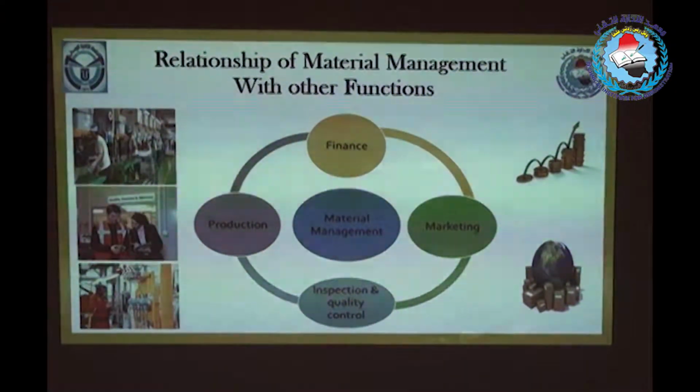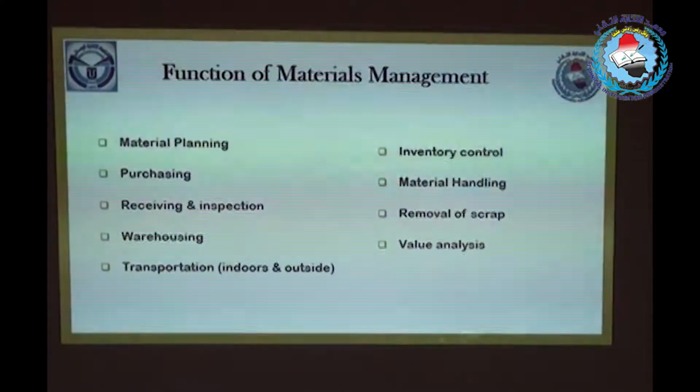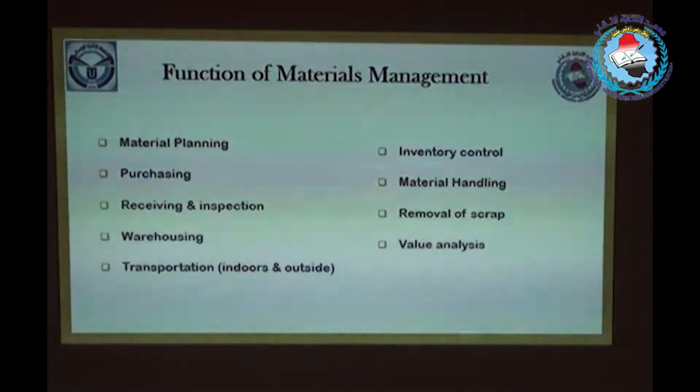Relationship of material management with the other functions. There are a number of relationships of material management with the other functions like finance, marketing, inspection and control, quality, and production. Functions of material management.